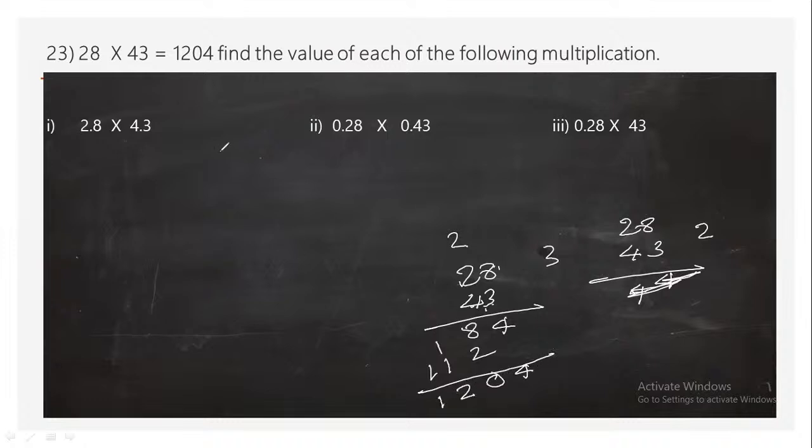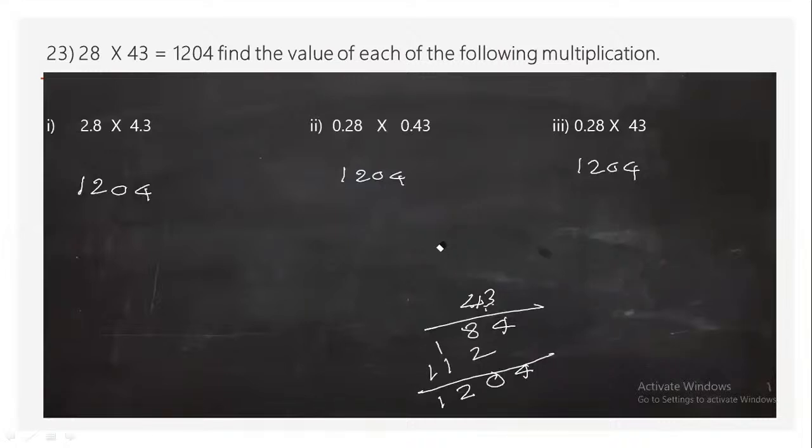I recheck because sometimes it may be a wrong answer, right? That's 1204. So what you have to do now is separate the decimal places here.